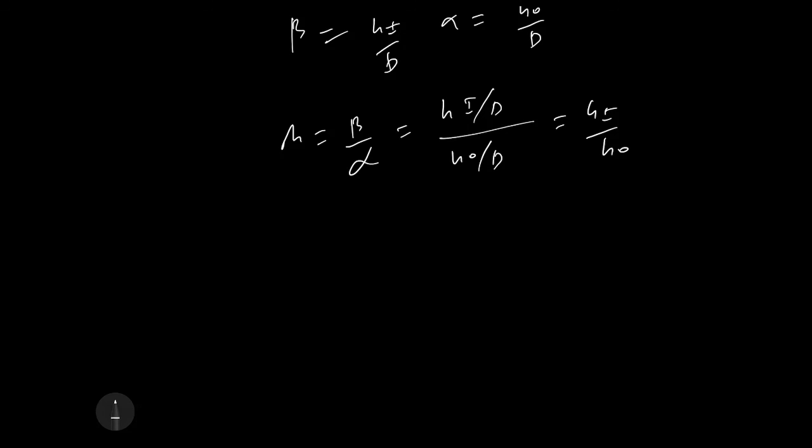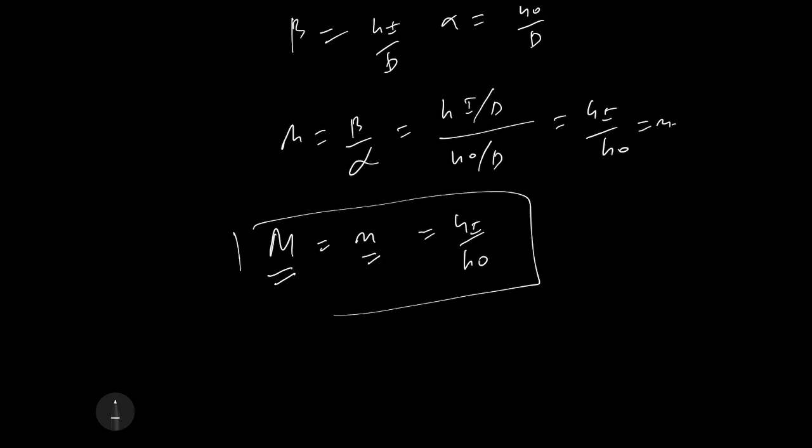So height of the image upon height of the object, but we know that as being the lateral magnification. So in the case when the final image is at the near point, your angular magnification is equal to the lateral magnification, which is hi by h0. So these are the two derivations that you need to keep in mind.